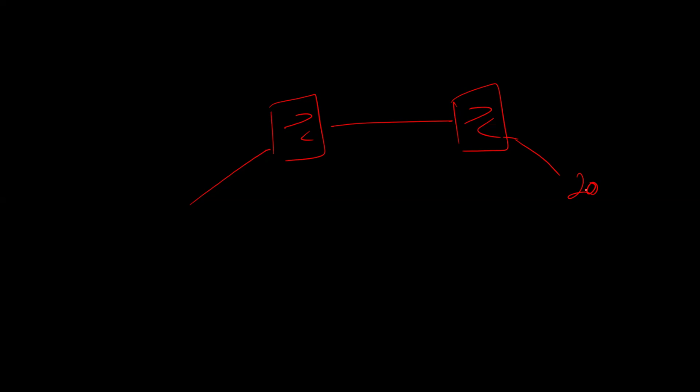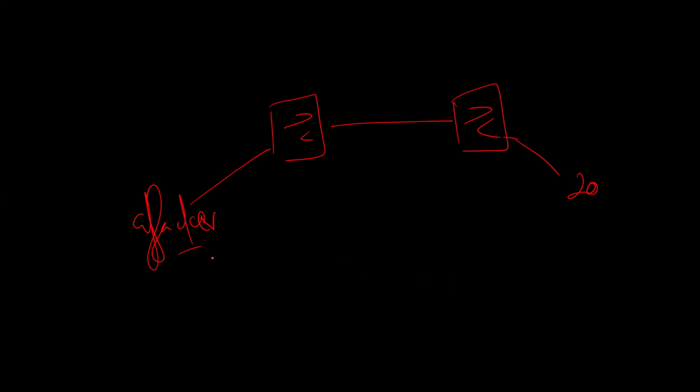We started by describing DTP spoofing, where an attacker connects to a port, configures DTP, and creates a trunk link on that port, which allows multiple VLANs to traverse that link. The other one now is double tagging. So let's say the attacker wants access to VLAN 20.